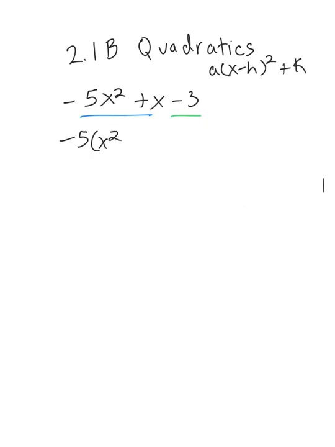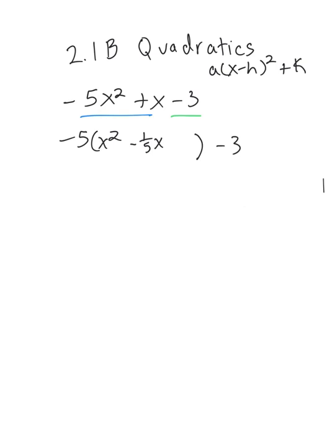Since we factored out a negative 5, the coefficient in front of our simple x, well, negative 5 times what makes 1? Negative 5 times negative 1/5 makes 1. We keep that in the parentheses, and now our 3 is on the outside.